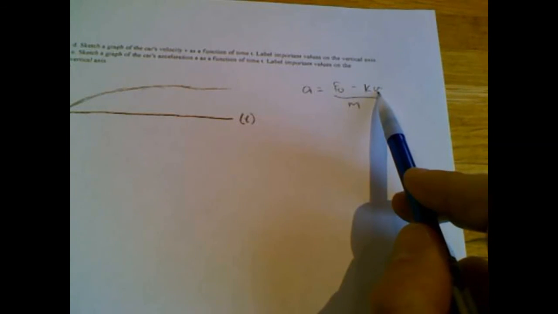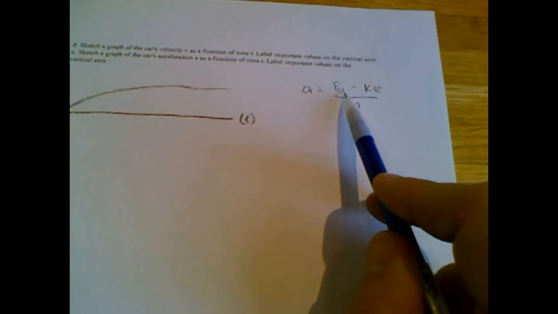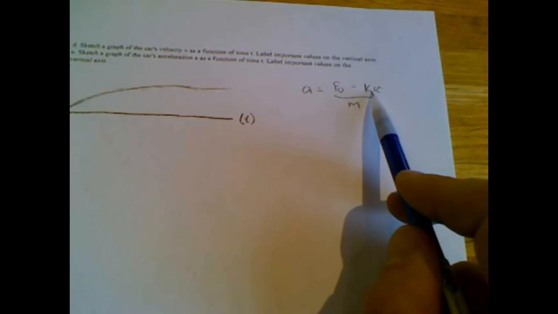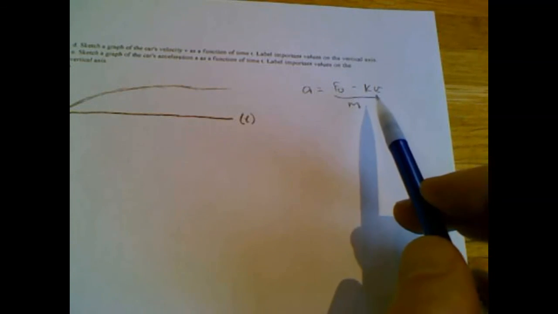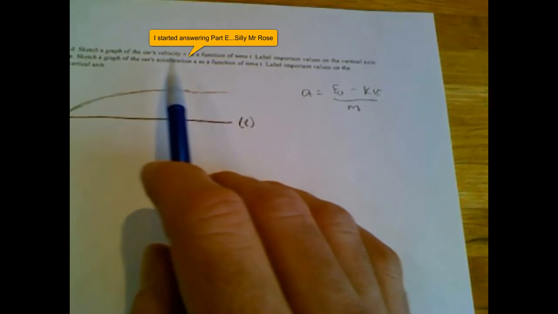When my velocity was 0, I had an acceleration of f naught over m, which means I right now should have a known important value. Nope, and I just answered the wrong question. Hold on. Oh, I did. I'm sorry. Let's look at that again. I was thinking about part E. Ignore everything I just said.